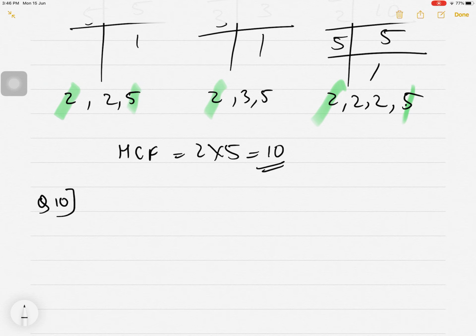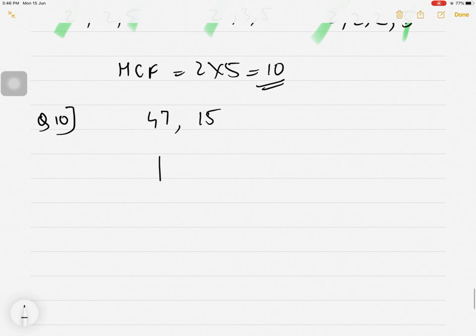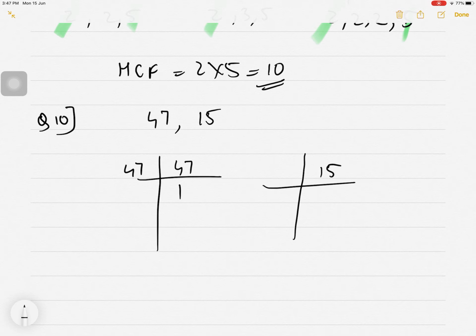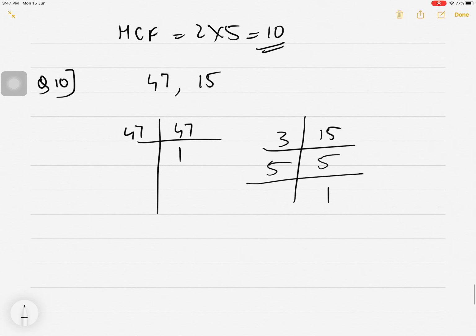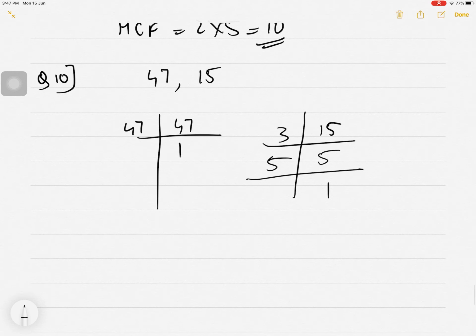Question number 10. Find the HCF for 47 and 15. So HCF of 47. 47 is a prime number. Okay. So 47 into 1 is 47. It is not divisible by any other number. 15 is 3 into 5, 5 into 1. So the factors of 47 are 47 and 1.